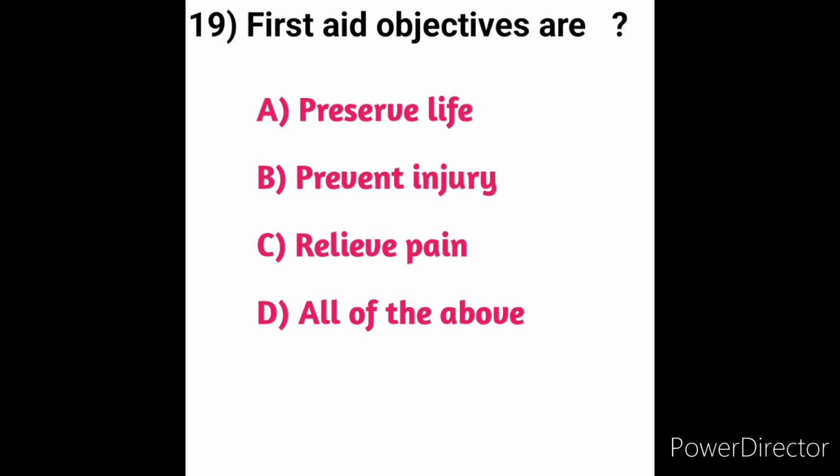What is first aid? First aid refers to medical attention that is usually administered immediately after the injury occurs and at the location where it occurred. Essentially, there are three objectives of first aid, the three P's: preserving life, preventing injury from getting worse and aiding recovery, and relieving pain.